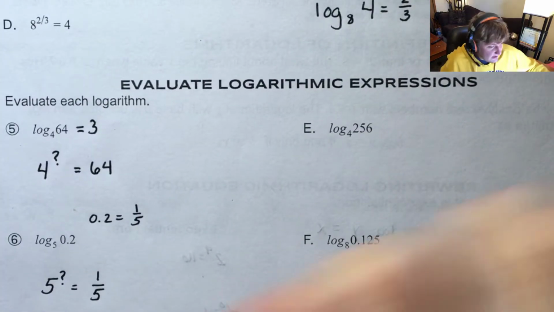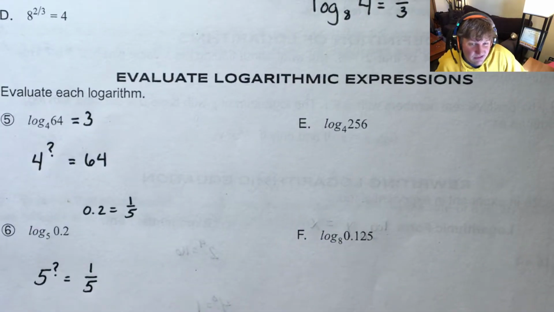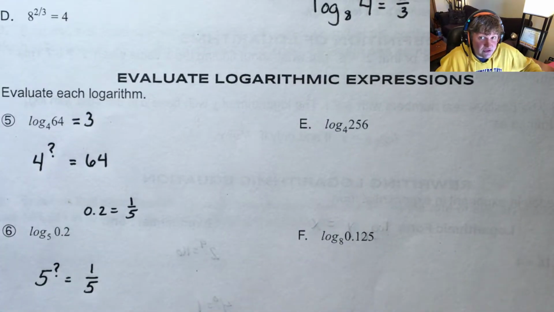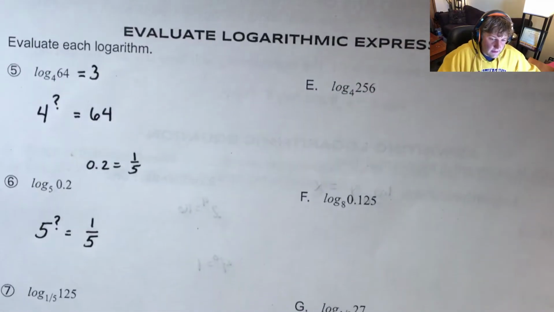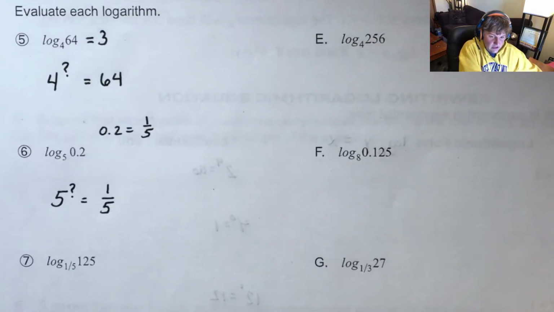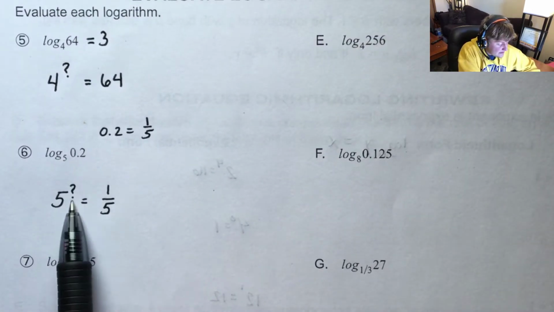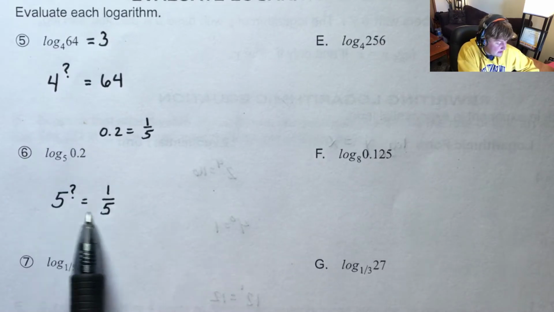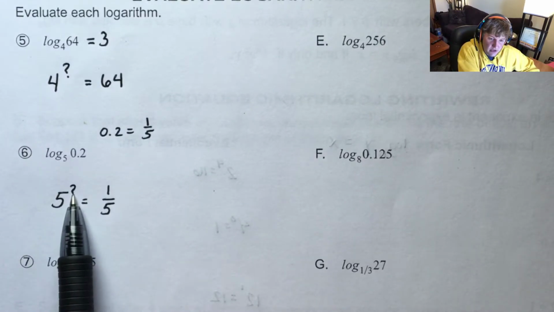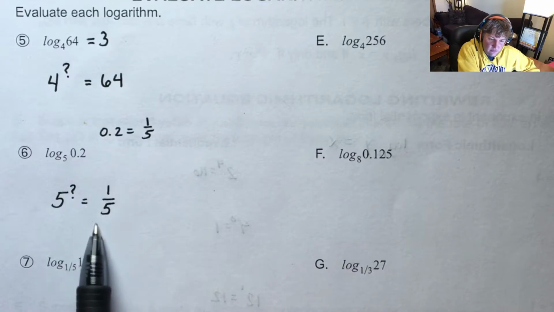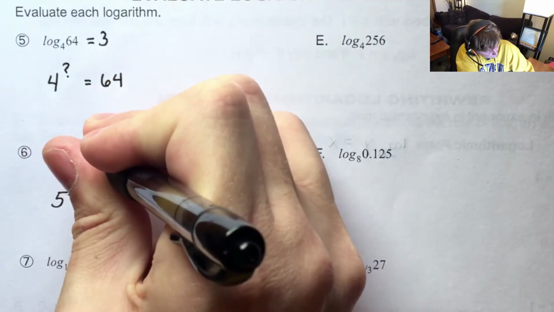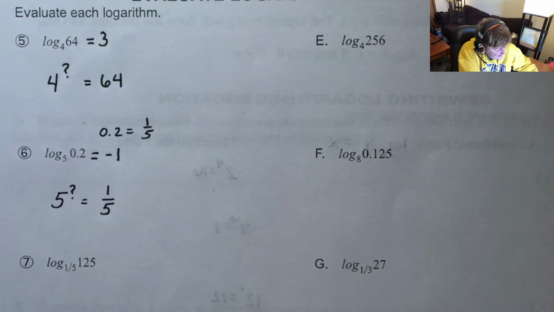We may have noticed that the number has gotten smaller. In fact, it's a fraction that involves a 5. So what power do I need to raise 5 to get a result of 1/5? And that's -1.